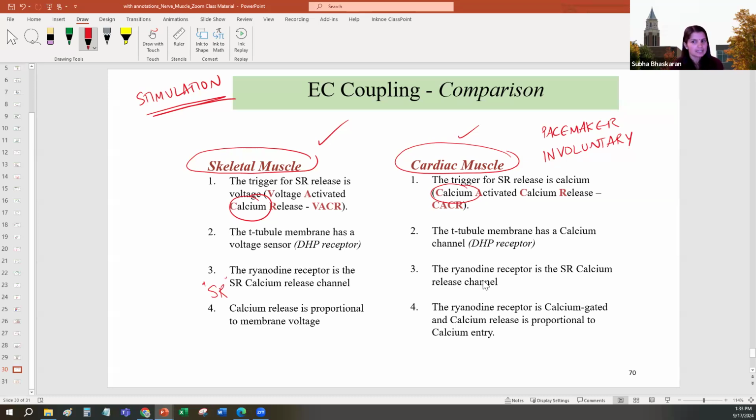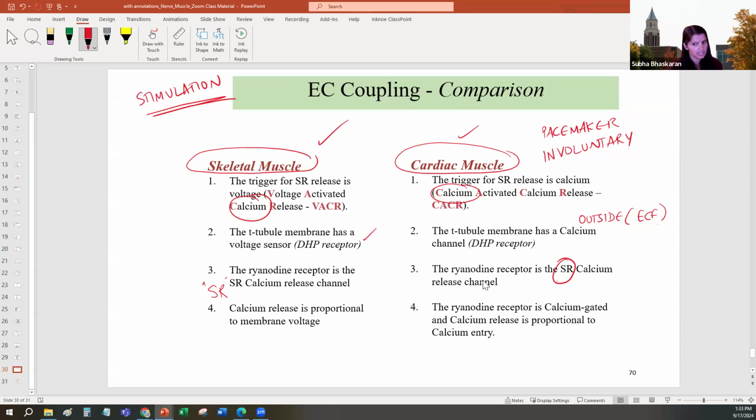But in cardiac muscle, the calcium comes from outside, the ECF, as well as from the SR. So there is a calcium channel on the muscle cell membrane of the cardiac muscle that allows calcium to come from outside. Then it goes to the SR and says, hey, get more calcium. Okay, so that's a basic difference in how the calcium is handled.